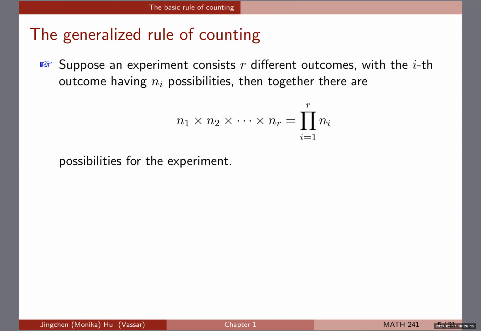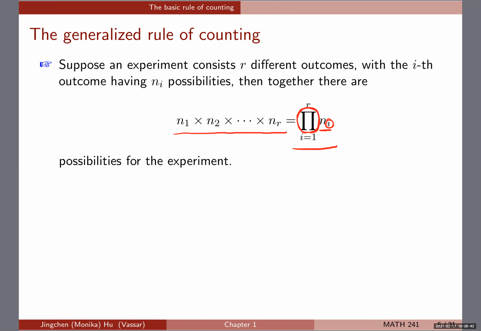But let's look at the notation a little bit. The left-hand side is just multiplying all of the different n_i's. And the short form for writing this, as you can see, is the right-hand side, okay? And this big pi is the product symbol, okay? And what we're taking the product of, as you know from the left-hand side, is all of the n_i here, okay? Remember, we have the subscript i, okay?